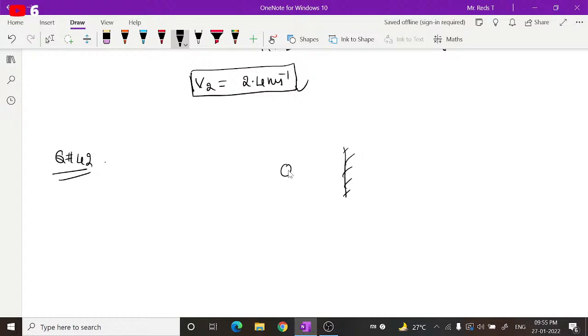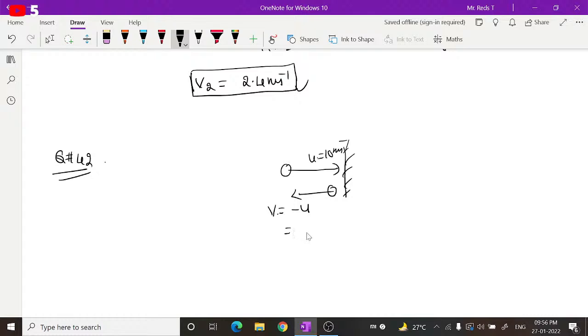A ping pong ball strikes a wall with some velocity, let us say u is equal to 10 meters per second. If the collision is perfectly elastic, it bounces back with the same velocity. But because the direction changes, you have to take this as minus u. So the final velocity is v equal to minus u.